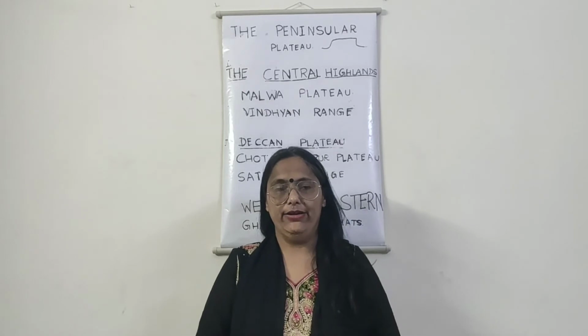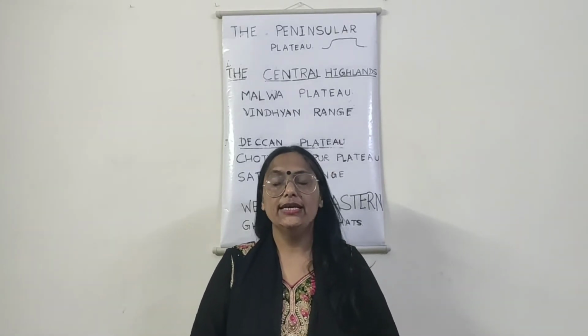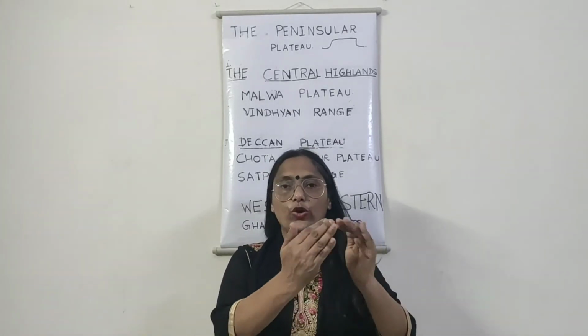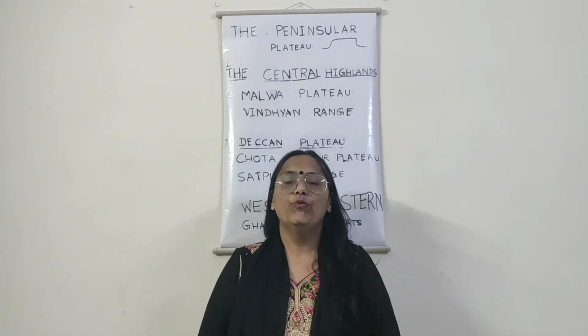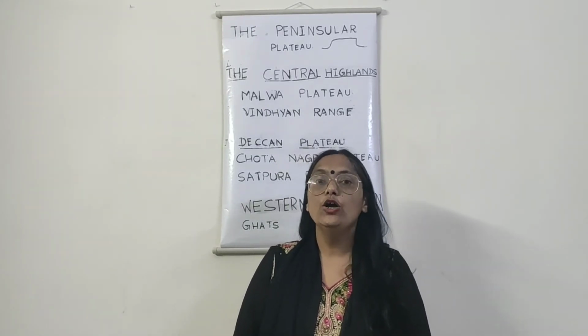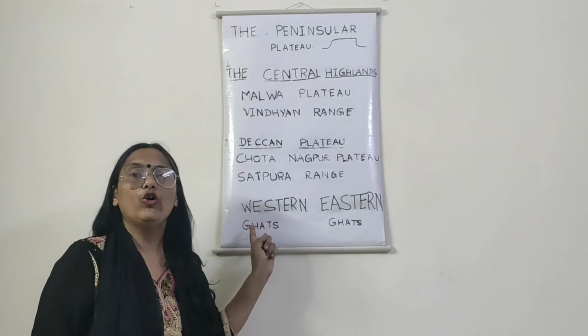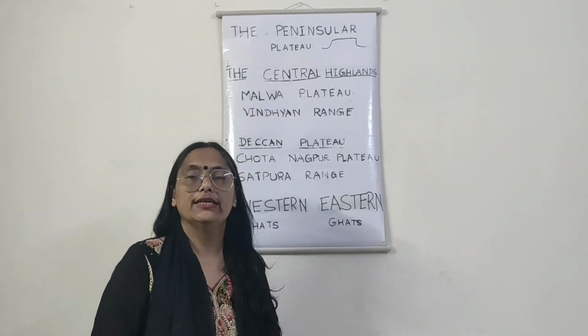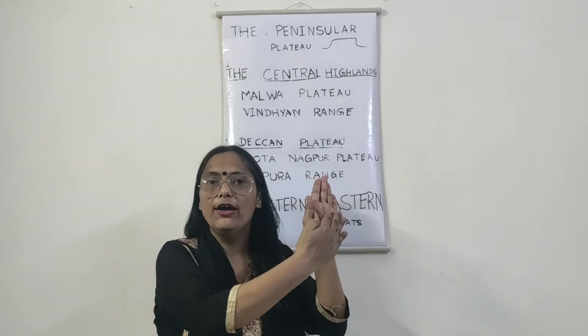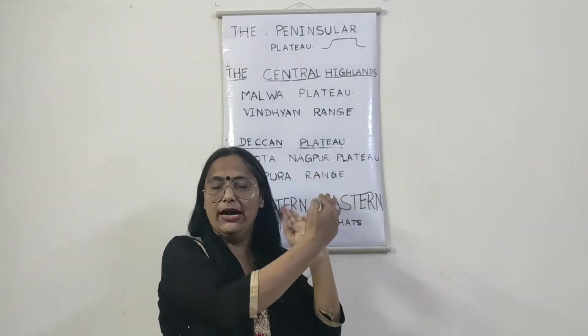Moving ahead, as I told you at the start of this module, we have the Western Ghats as well as the Eastern Ghats. The Western Ghats lie to the west, along the Arabian Sea.